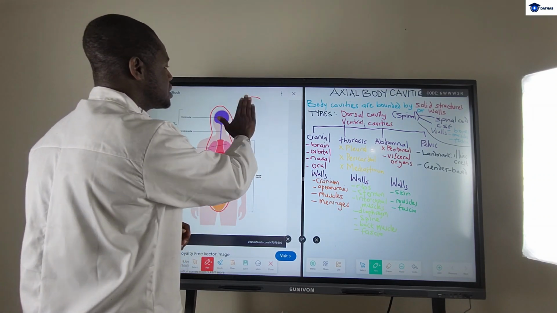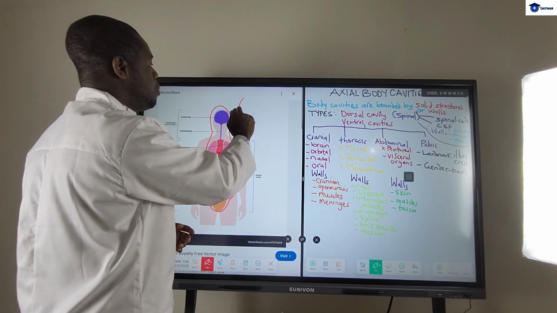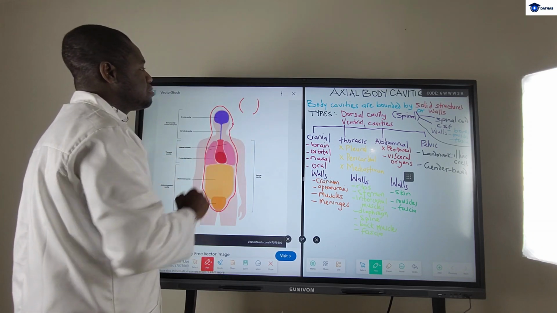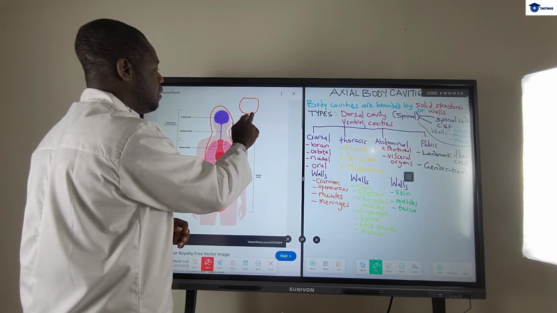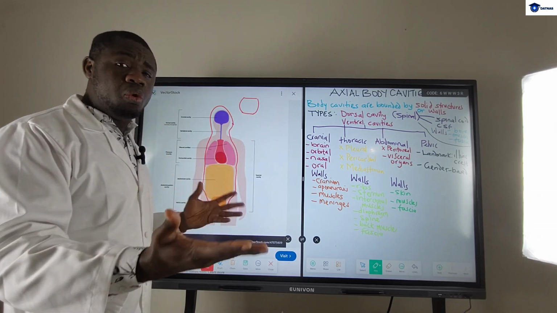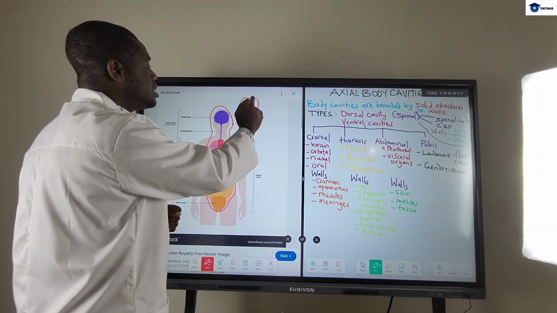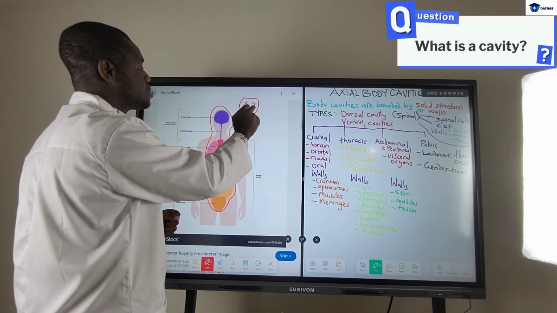In this case, some cavities may have an anterior wall, posterior wall, the roof, the floor, and lateral walls. And within these walls is a space that contains organs.